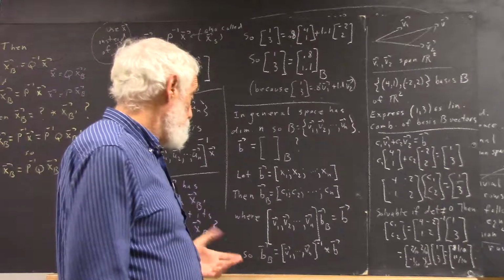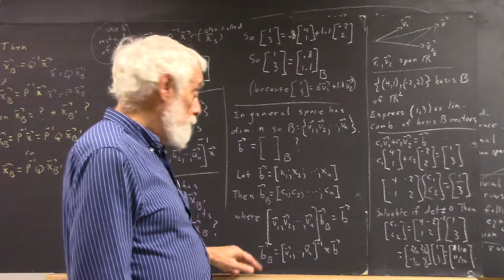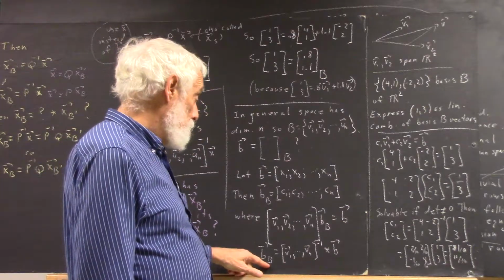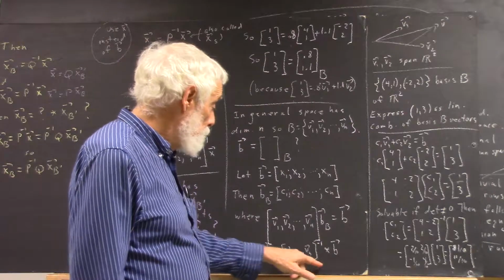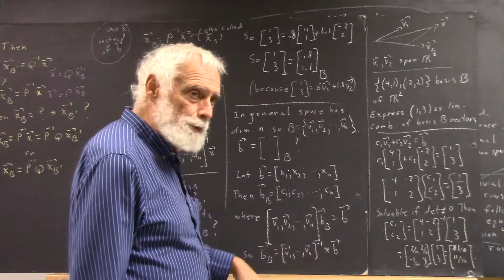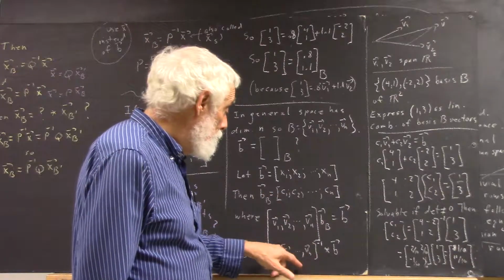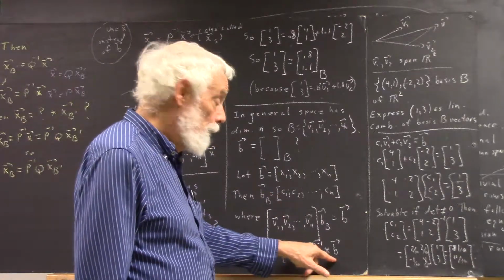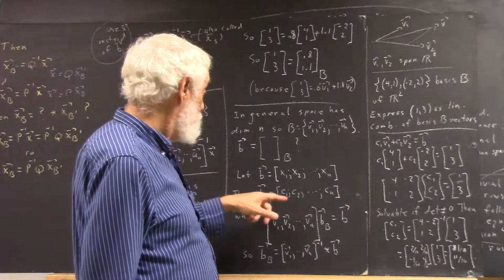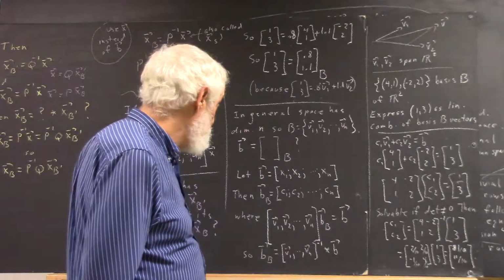The solution is simple. Our vector with respect to the basis B is just the inverse of our matrix of basis vectors in the columns, the inverse of that matrix multiplied by the vector that we started with. That's the vector x1 through xn.